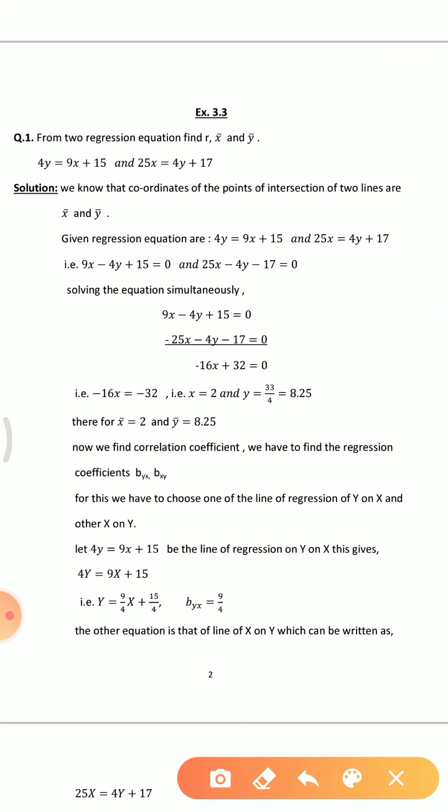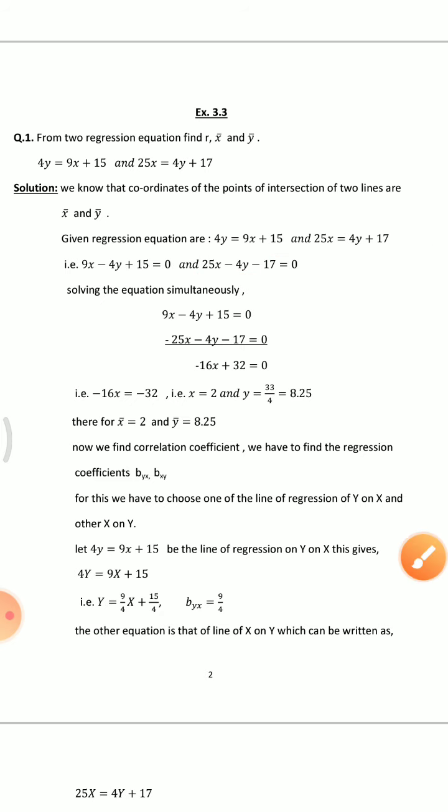The given regression equations are 4y = 9x + 15 and 25x = 4y + 17. Shifting 4y to the other side, the equation becomes 9x - 4y + 15 = 0. Similarly, shifting the terms on the left side, 25x - 4y - 17 = 0.